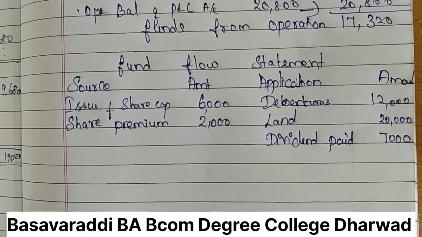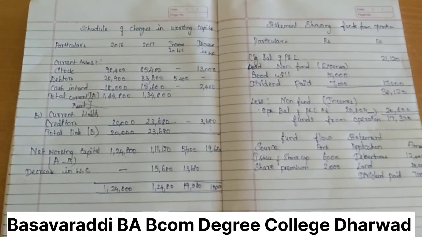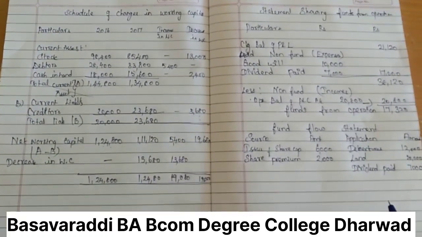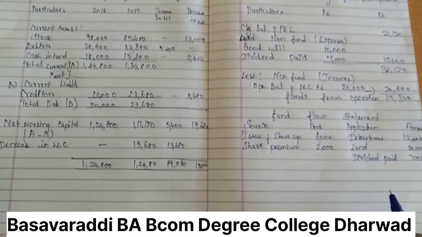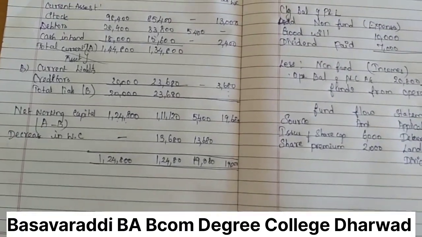And one more thing: in the source and application you have to enter what you already found out, the working capital as well as the fund from operations. The two answers you have to enter here. What is the working capital here? A decrease in working capital.